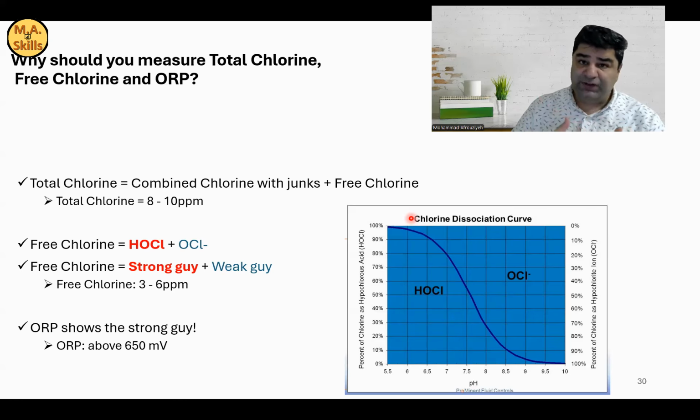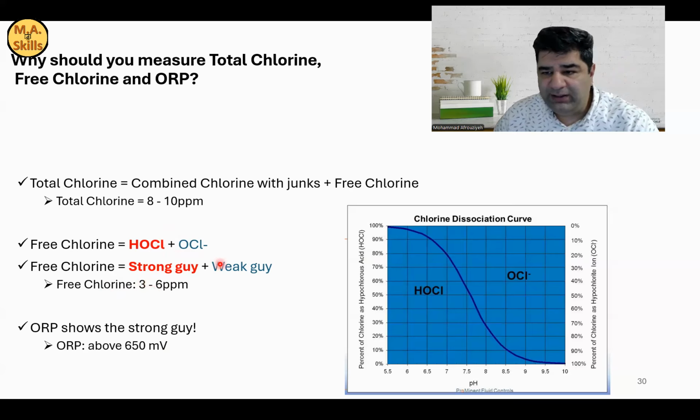But looking at the free chlorine, which we said is the part that is going to really disinfect water, it is a combination of hypochlorous acid, which is the HOCl, and also hypochlorite ion, which is the OCl-. Okay, so this acid form of free chlorine, we would call it strong guy. Strong guy means that it's going to really disinfect water and it has that potential.